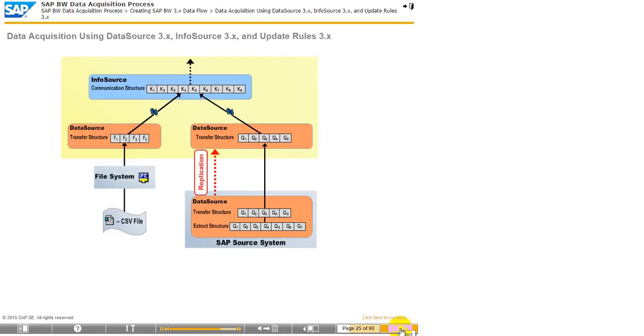If your data flow is modeled with objects based on the SAP BW 3.x concept, such as InfoSource 3.x, transfer rules 3.x, and update rules 3.x, and the process design is based on these objects, you can continue to work with DataSources 3.x to transfer data into SAP BW from a source system.